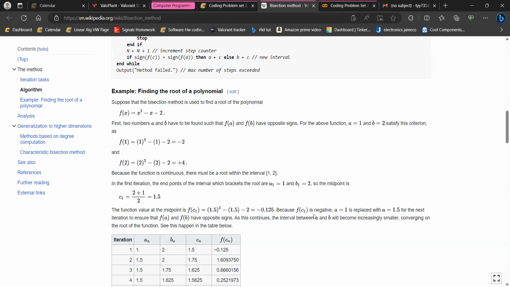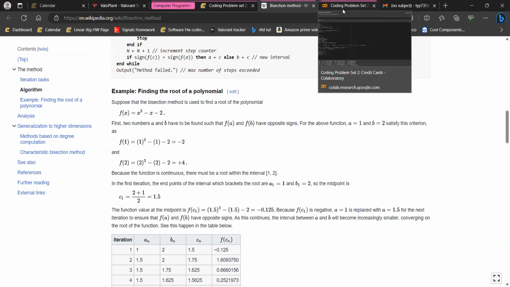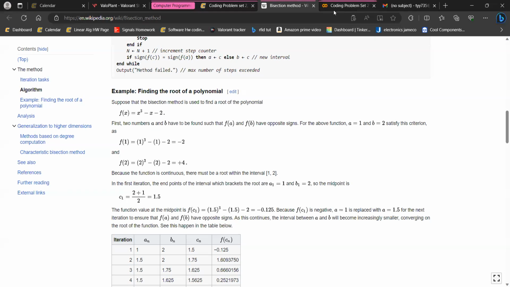Because this midpoint is negative, one of the bounds is replaced with it. The lower bound, which was 1 and 2, is now 1.5 and 2. You're just swapping your midpoint with your lower bound.